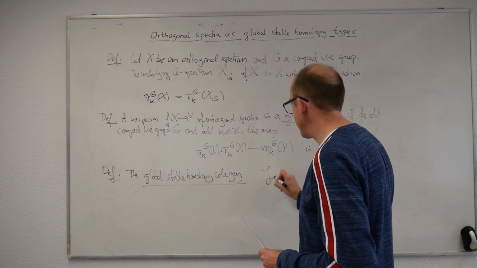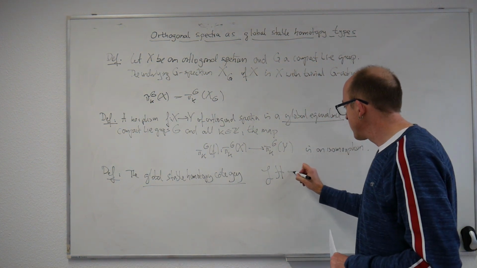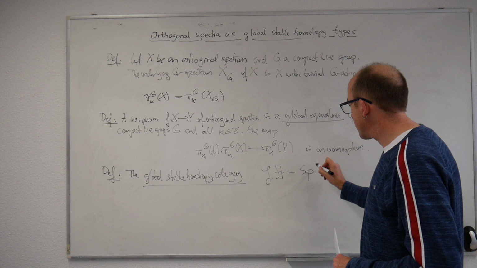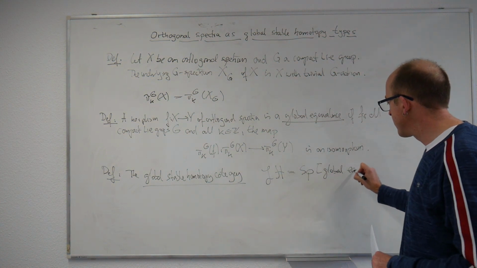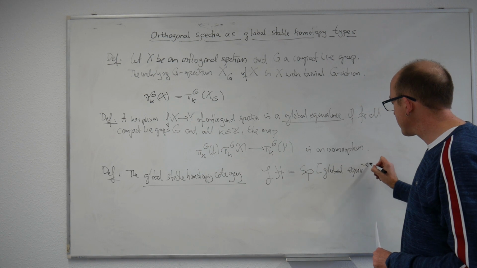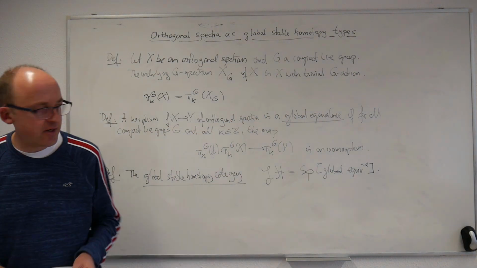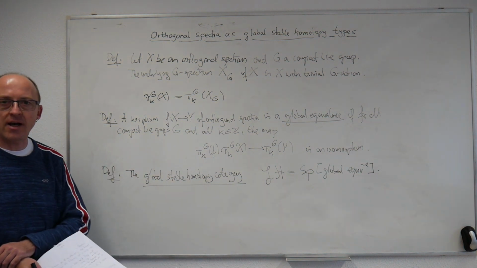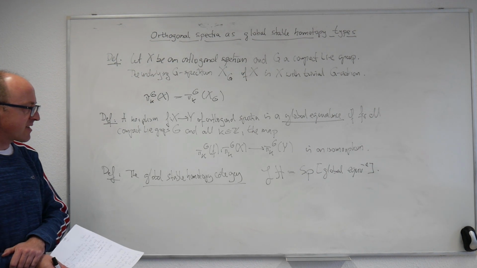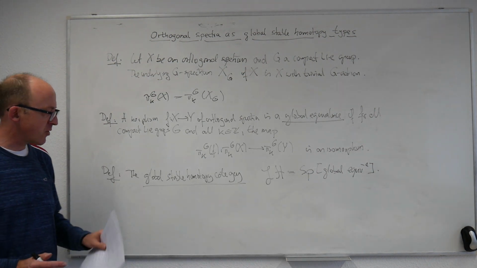Now I will use the symbol mathcal GH for this. This is again a localization of the category of orthogonal spectra, but now it's the categorical localization at the global equivalences. So this is a definition we can make. Let's assume that this exists, and then it's unique up to preferred isomorphism of categories.